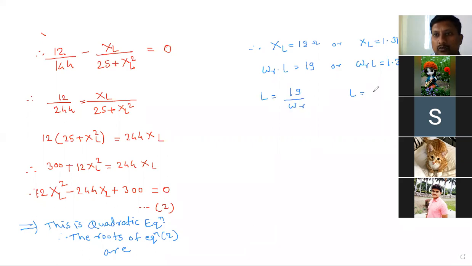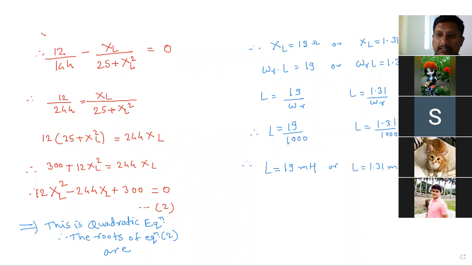Here L is equal to 1.31 divided by omega r. So put the value of omega r, 1000. 1000 goes to the numerator, becomes 10 raised to minus 3, which means milli. So L is equal to 19 millihenry, or L is equal to 1.31 millihenry. So these are the answers.